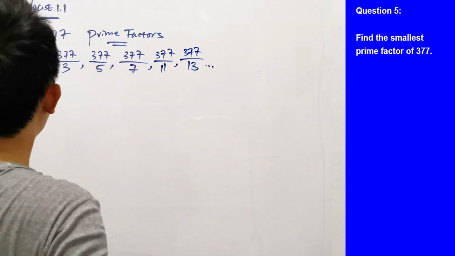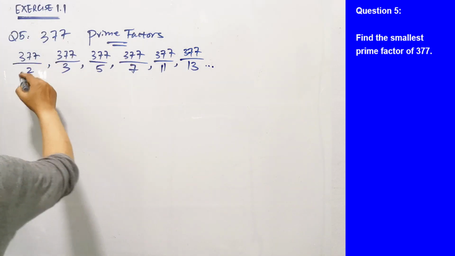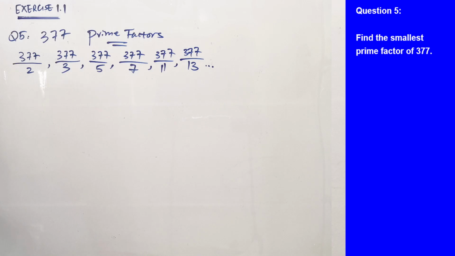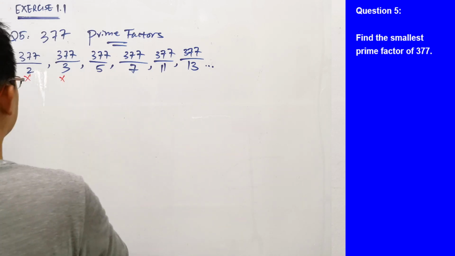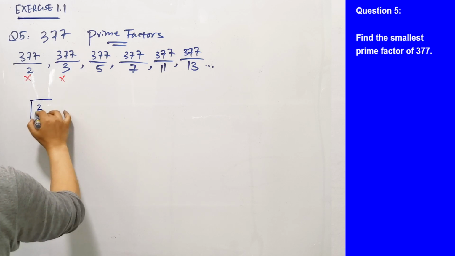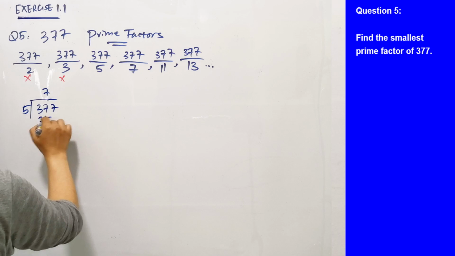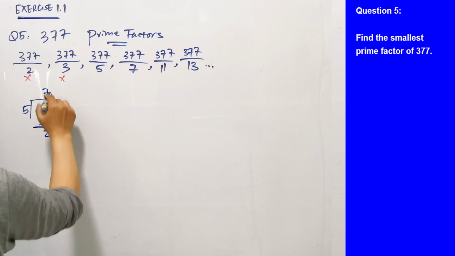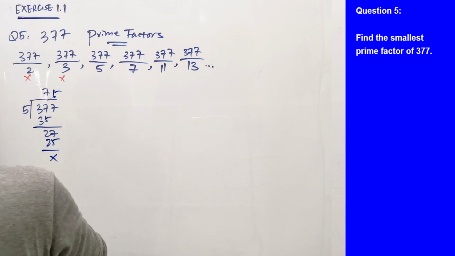Let's try this. Just now we have determined this, right? We already determined this is not correct, right? How about 5? So can't, right? So also can't.